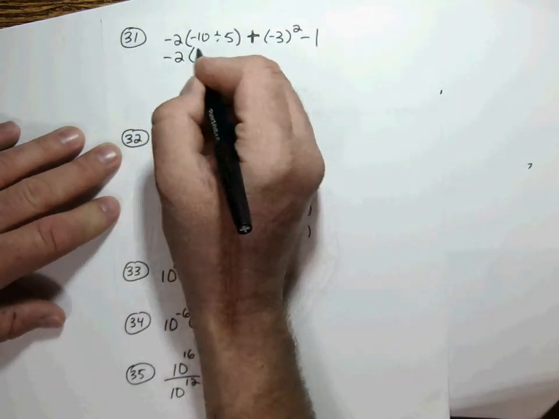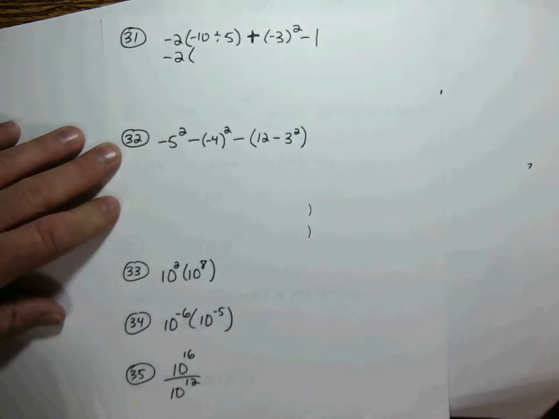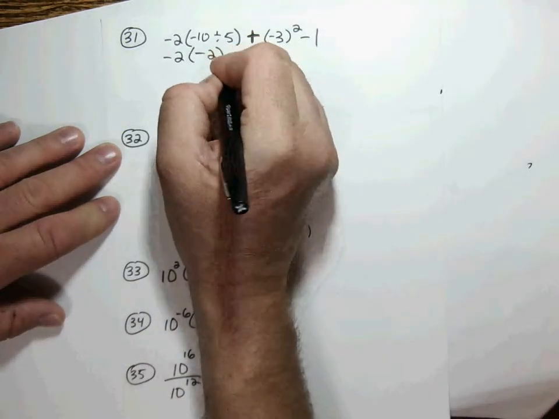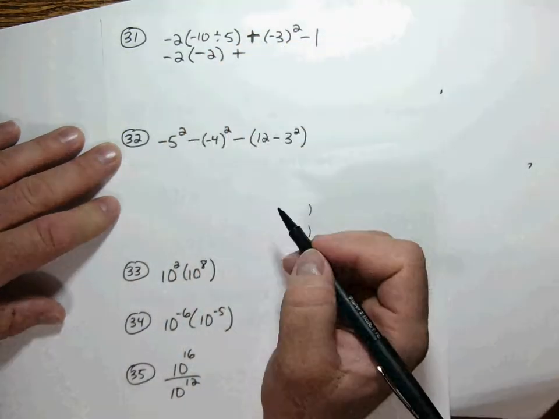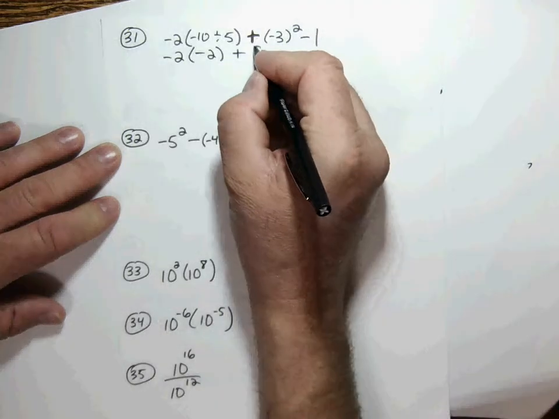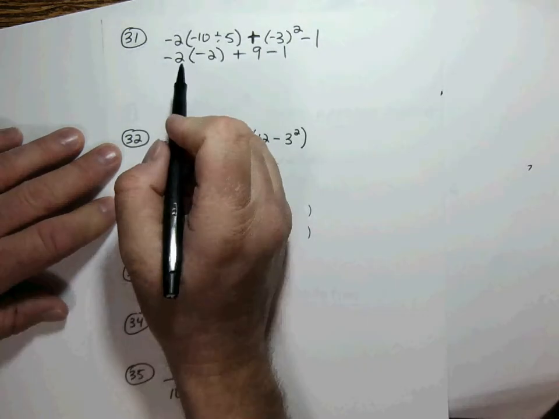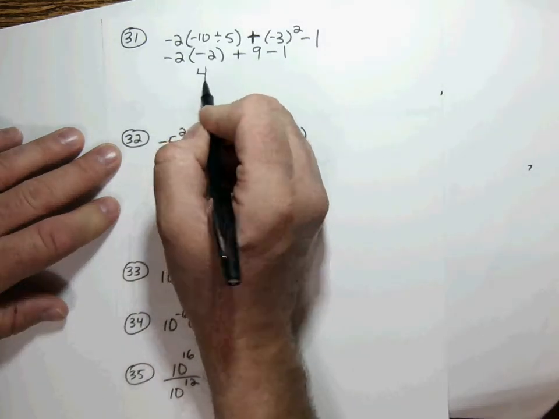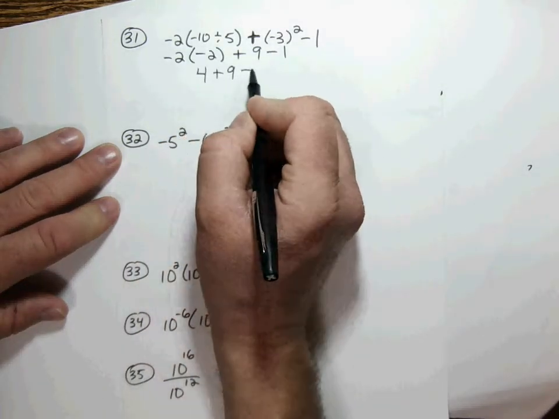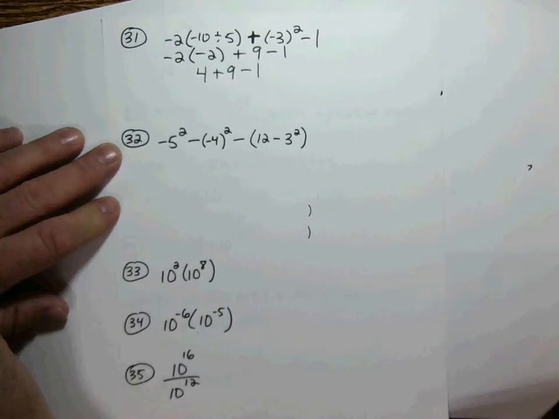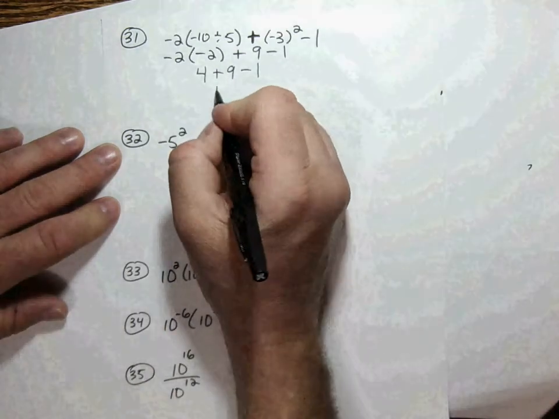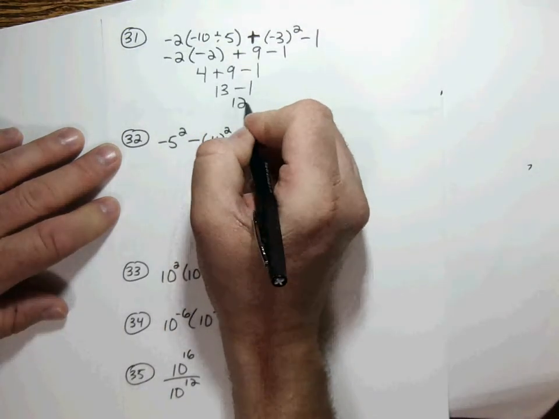Okay, so in the parentheses here, I've got negative 10 divided by positive 5, that's negative 2. And if I take negative 3 in parentheses and square it, it gives me a positive 9. Okay? So now I'm down to multiplication here. Negative 2 times negative 2 is positive 4. And just like that, I'm down to additions and subtractions. And I'm going to get a 12 out of that deal.